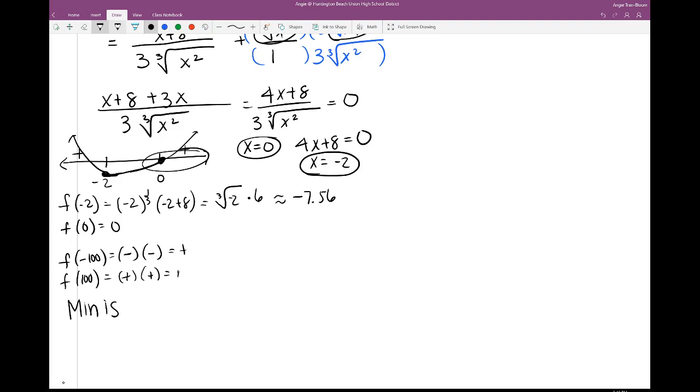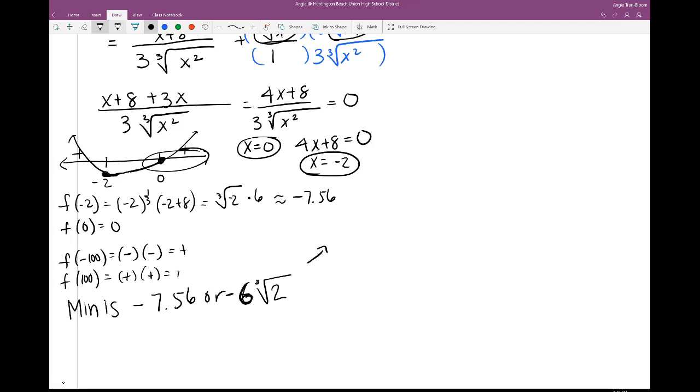is negative 7.56, or I can keep it in the exact form, negative third root of 2, so negative 6 third root of 2, because I can pull out the negative from under the third root.